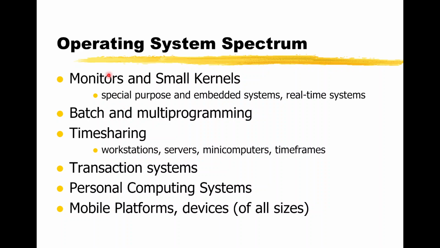Now, the operating system, let's look at the spectrum. We have the monitors and small kernels, special purpose and embedded systems, where we have small devices with small kernels, like sensors.